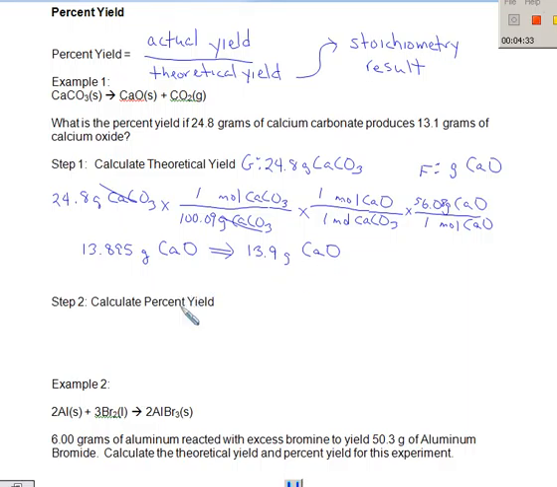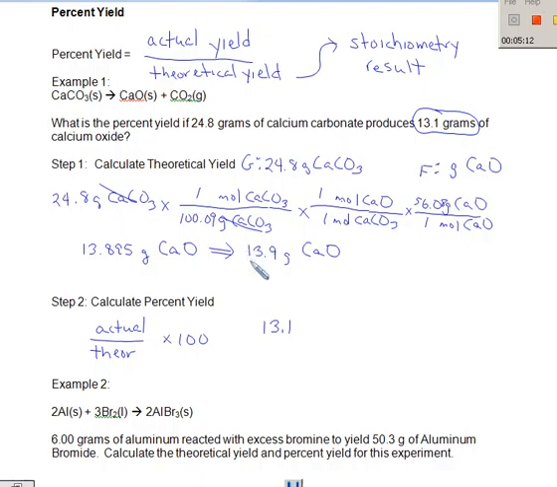Our next step is to calculate the percent yield. And remember that that is actual over theoretical, and then we would multiply it by 100 to convert it to percent. So in this case, our actual, this is how much we actually made. So we have 13.1 grams.